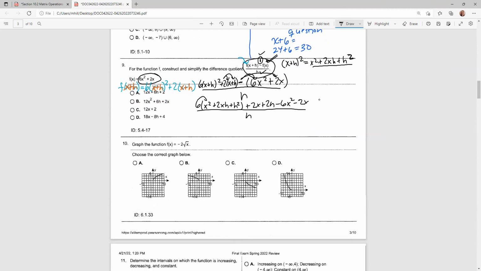The only thing left, and some of you probably could have gone ahead and multiplied this out in your last step instead of making a whole bunch of extra steps. But I need to multiply that 6 by everything here. So 6x squared plus 12xh plus 6h squared. Then I'm just writing the rest of the problem out.